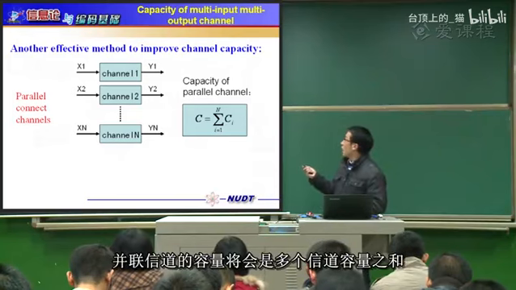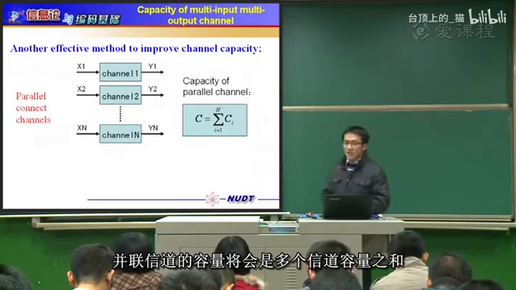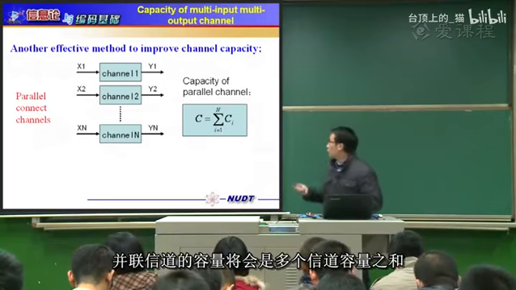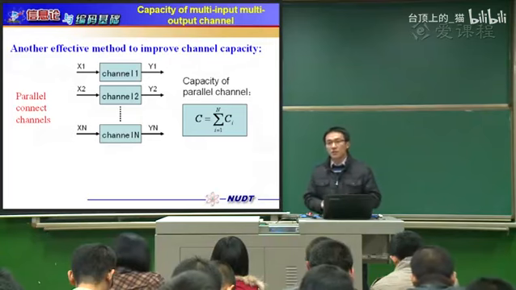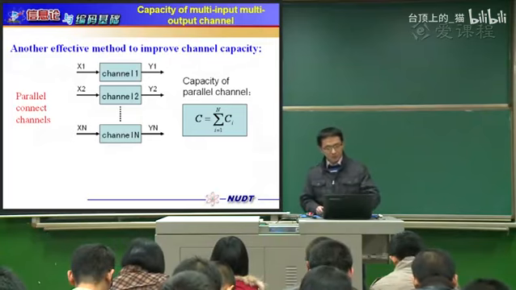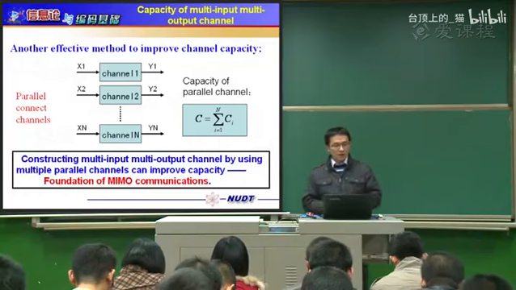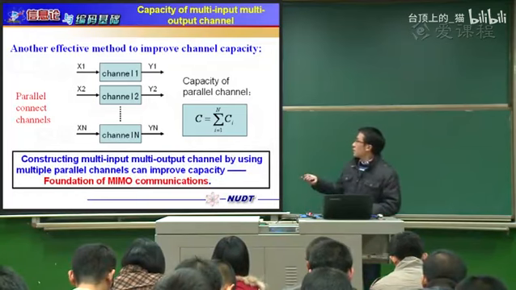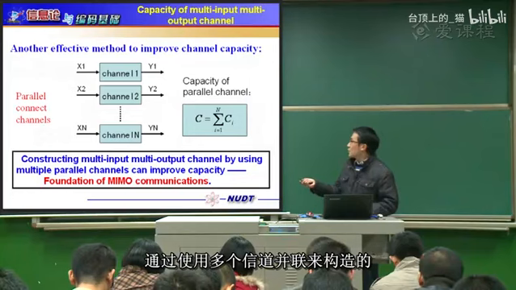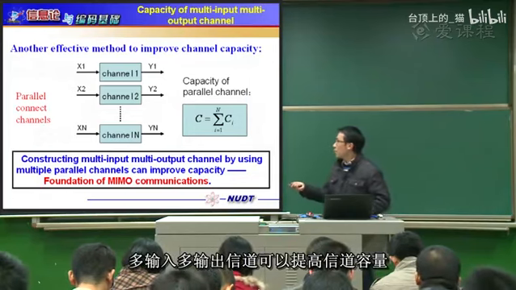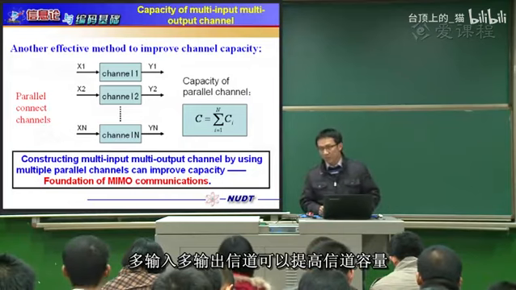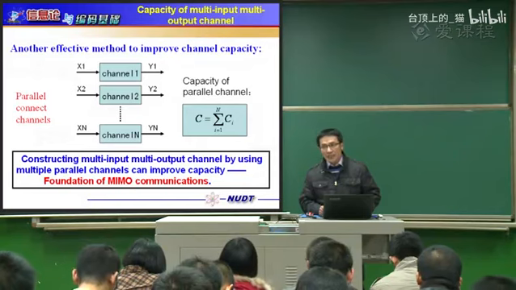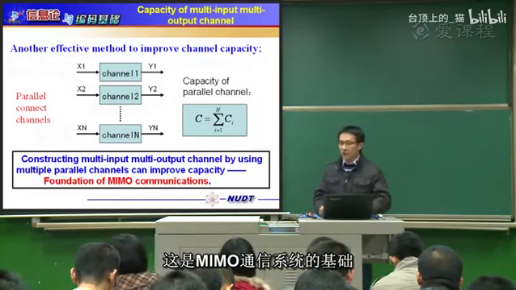So the capacity of parallel channel is the sum of the capacity of each of all the sub-channels. So constructing multi-input and multi-output channel by using multiple parallel channels can improve the capacity. This is the foundation of MIMO communication.